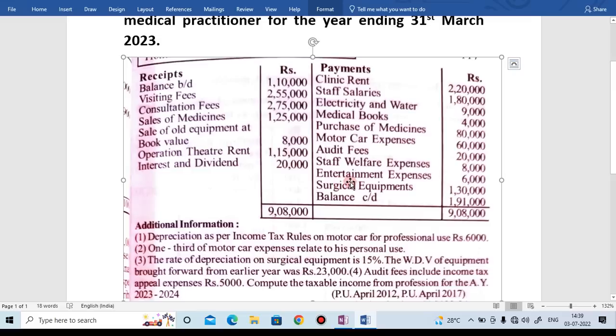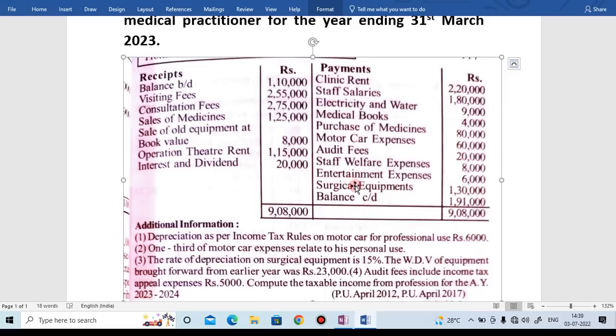After that is entertainment expenses 6,000. Okay, entertainment expenses 6,000. It is related to the professional payment of medical. Why? Because suppose in a hospital, in the room, whether it is a general ward, a semi ward or private ward, there are some televisions. So it is entertainment for the patients, and for that there is some payment made.